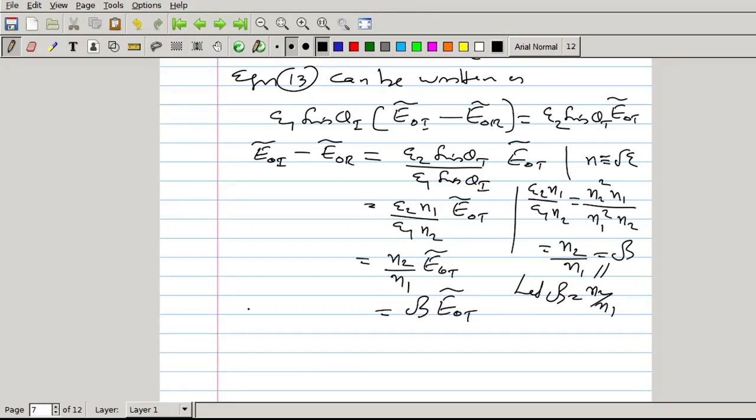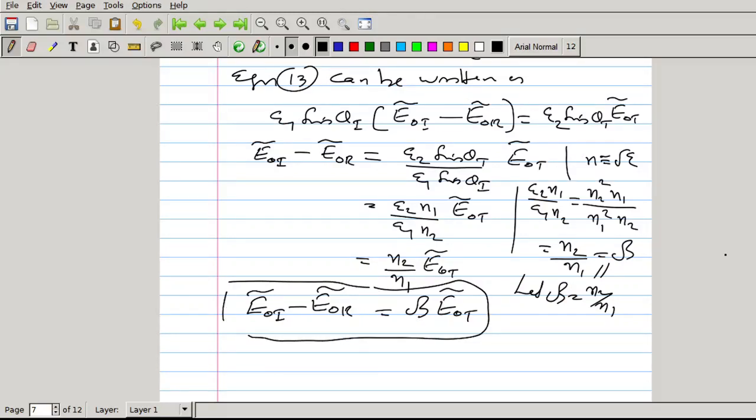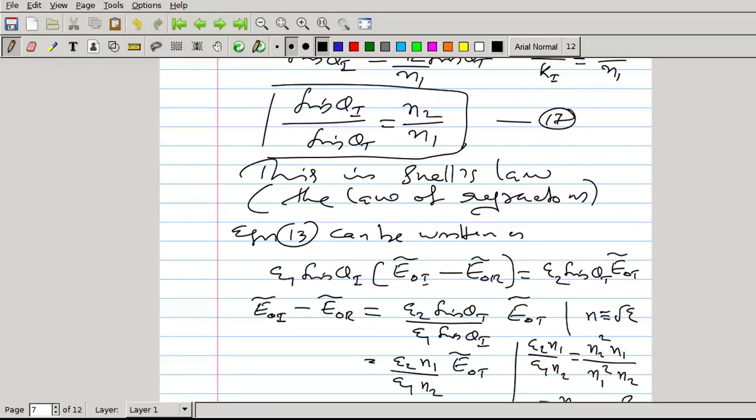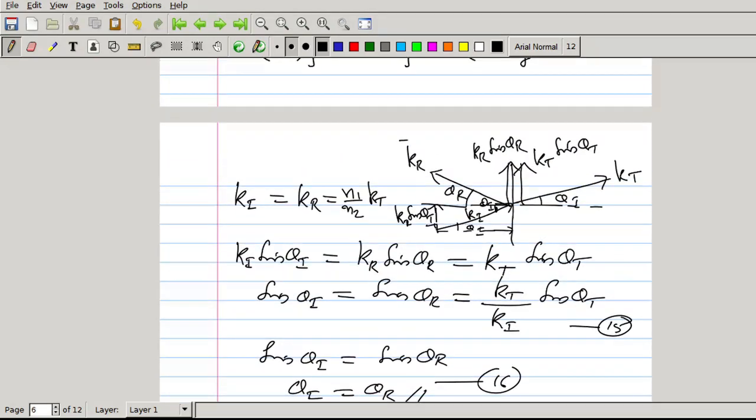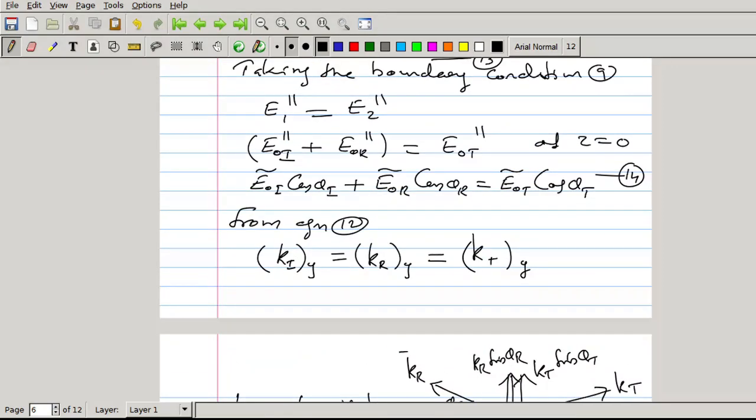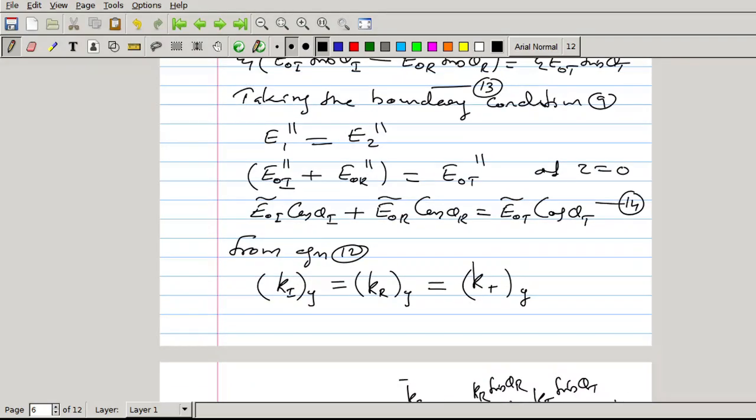So I obtain one equation: E0I minus E0R equal to beta E0t. This is equation number 18. Now from equation 14, take cos theta I common.